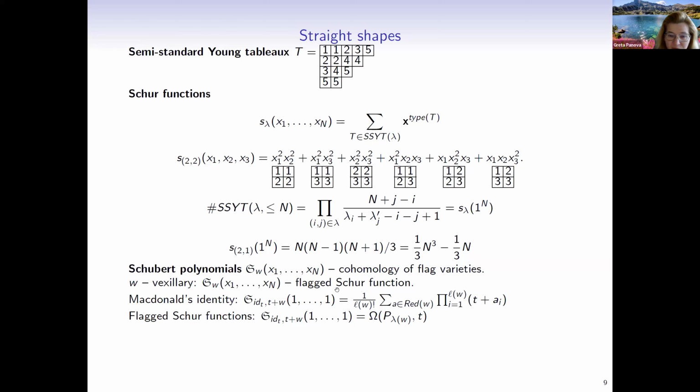And there are two identities in the literature about Schubert polynomials. One is Macdonald's identity.